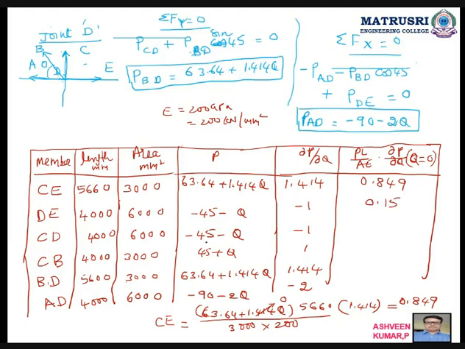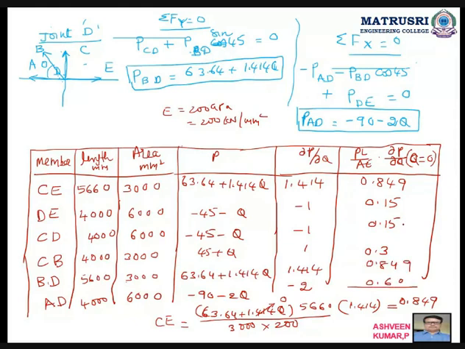Similarly, this one, minus 45 into 4000 into minus 1 divided by 6000 into 200. You will get the same because this is the same, 0.15. Similarly, if you take the other, 0.3, this is 0.849, then this is 0.60.